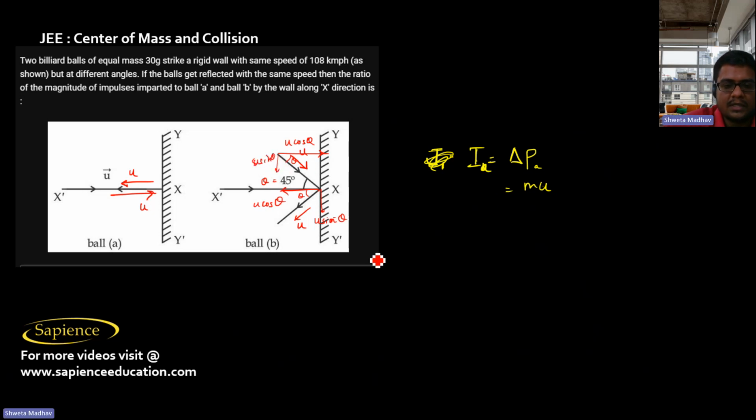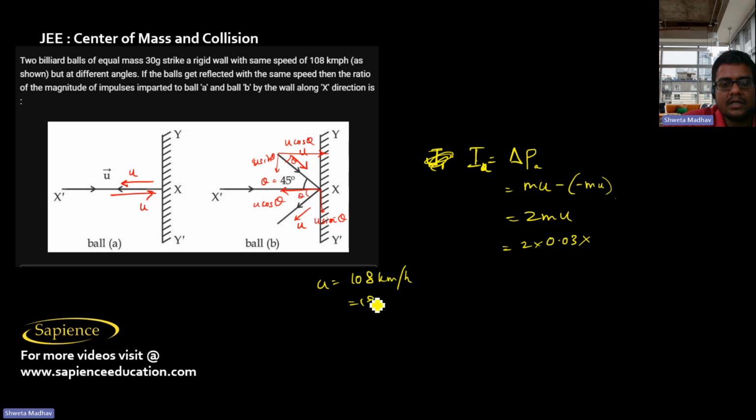So the impulse in part A is equal to mu minus of minus mu, so that will be equal to 2mu. Here m is 30 gram, meaning 0.03 kg, and u is 108 kilometer per hour.